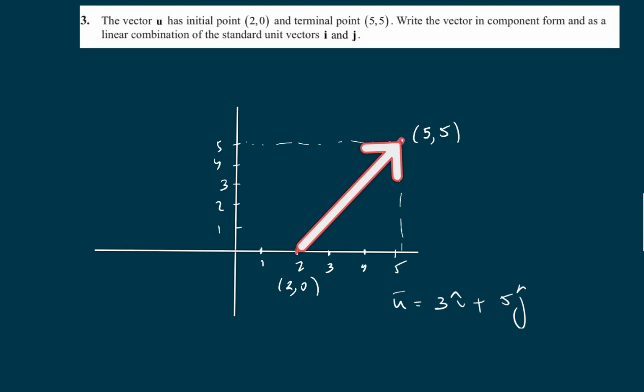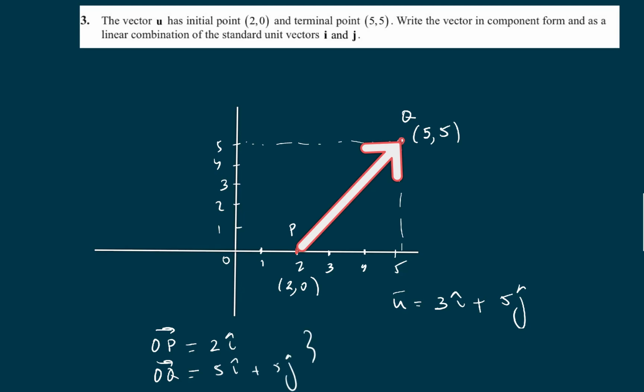How will I find the vector u in another way? Well, this is P and this is Q. Who is OP? OP is the vector 2i. OQ is the vector that goes from the origin to Q, 1, 2, 3, 4, 5 i, 1, 2, 3, 4, 5 j, 5, 5, is the vector 5i plus 5j.